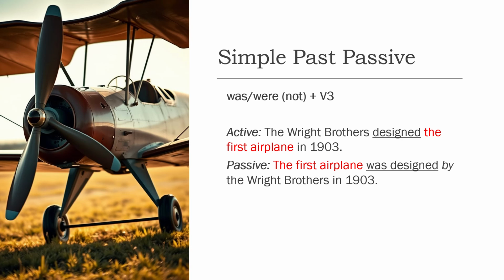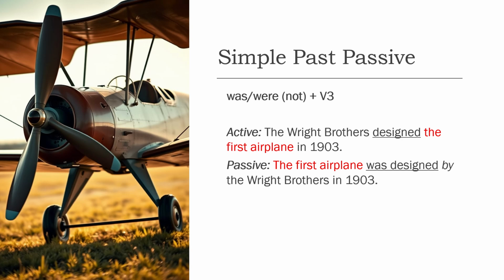Simple past passive is similar to simple present passive, but this time the structure is was or were and verb 3. If it is negative, we add not: was not, were not. Again, verb 3. Here we have an example, the active sentence: The Wright brothers designed the first airplane in 1903.